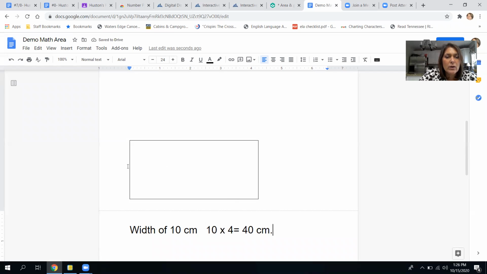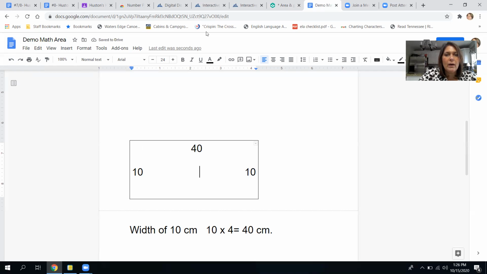Okay, so now we know that our width is 10. And we know that in a rectangle, opposite sides are equal. So the other side is 10. Our length, which is the long side, is 40, and the opposite side is 40.